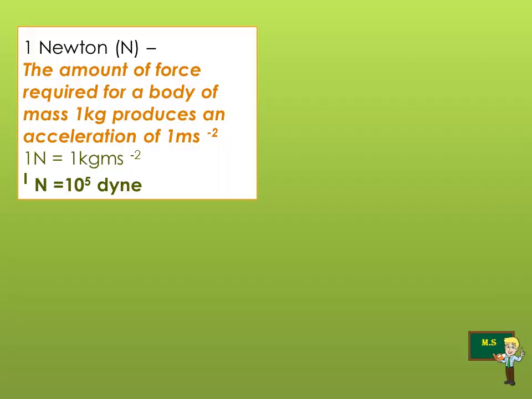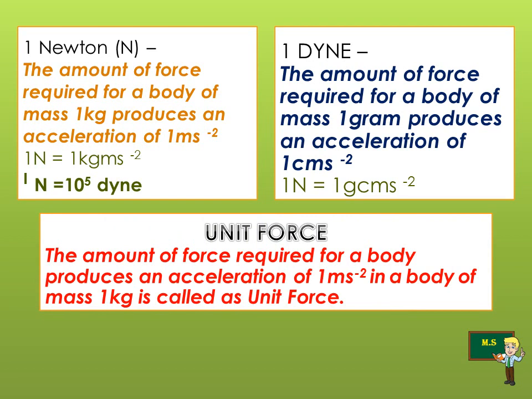Let us see some 2 mark important questions in this lesson, in this third part. First one is 1 Newton. The amount of force required for a body of mass 1 kg to produce an acceleration of 1 meter per second square, or 1 m s minus 2, is 1 Newton. 1 Newton is equal to 1 kg m per second square, or 1 Newton is equal to 10 to the power 5 dyne.